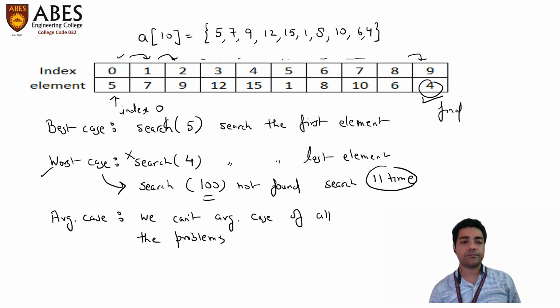So what is the average case, and why can we not find the average case of all the problems? It is because to find the average case, we have to do all the permutations and combinations possible for a particular problem.